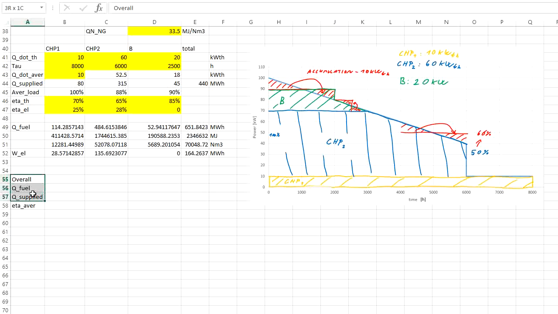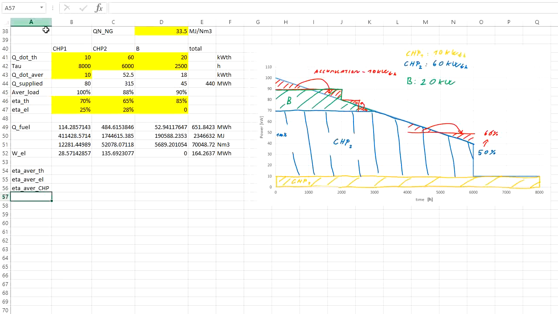So we actually don't need this, but now as the last point, let's have a look at the average efficiency of the system. So let's have average efficiency of producing heat, producing electricity, and combined heat and power production.